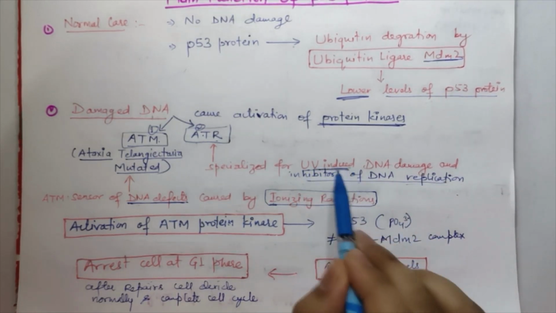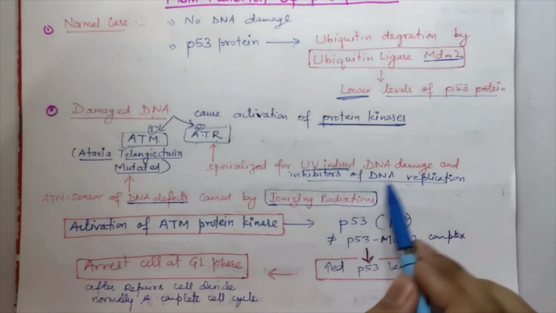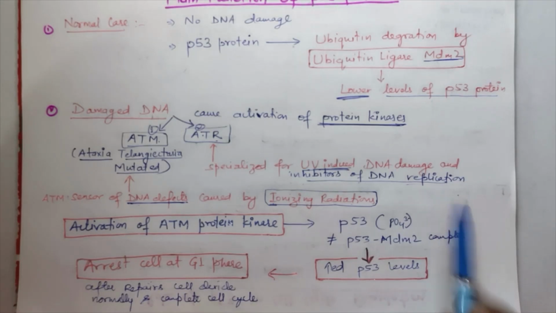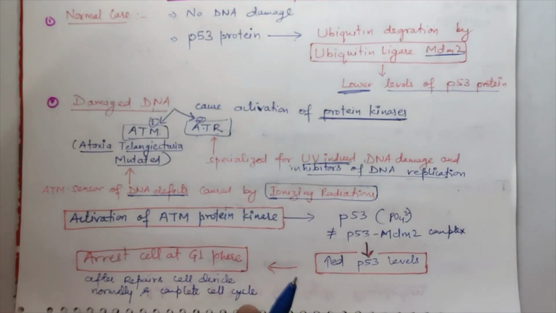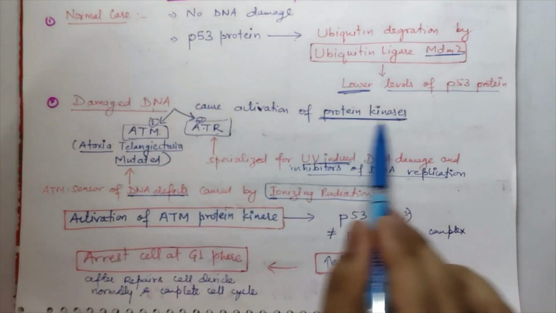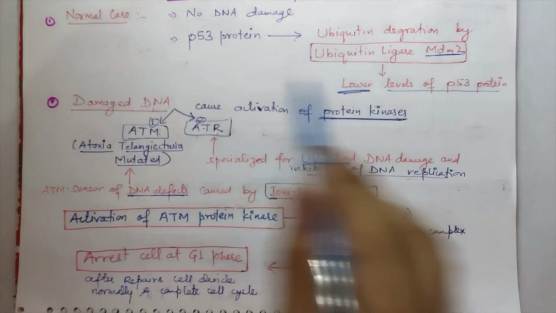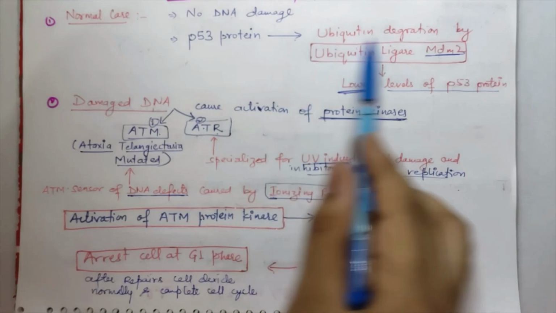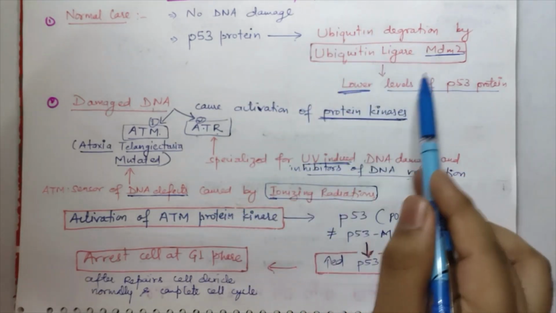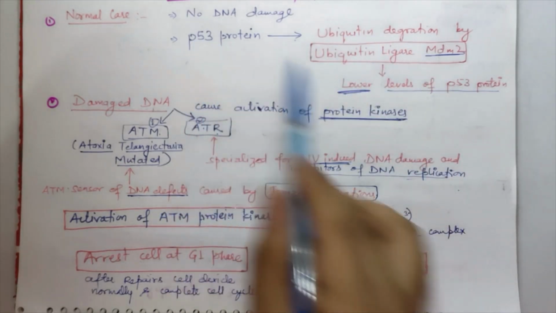They are non-ionizing radiations and inhibitors of DNA replication. So now the main mechanism of how these protein kinases exert their role on P53 regulation, because we know that in normal conditions P53 is ubiquitinated and has low levels.